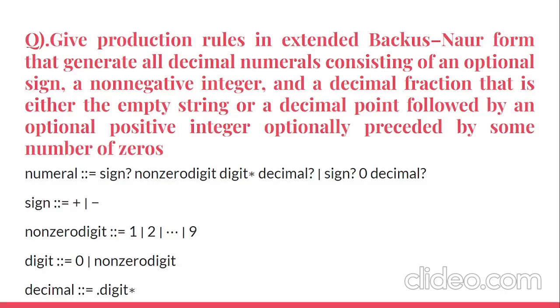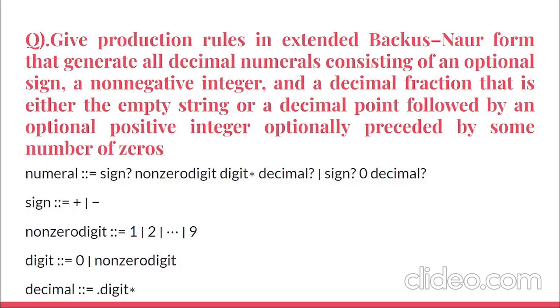Extended Backus-Naur form provides us with a little more power, as we can represent an optional symbol by writing a question mark at the end of that symbol. We can also write star to represent that the symbol can occur 0 to infinite times, or plus, which represents at least 1 time.